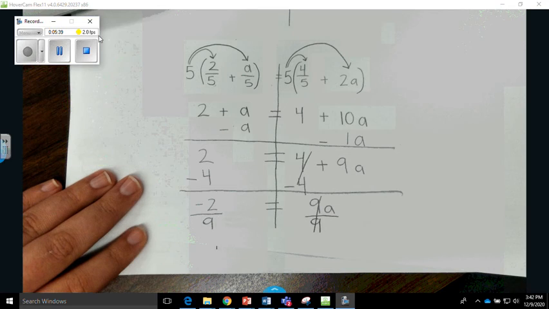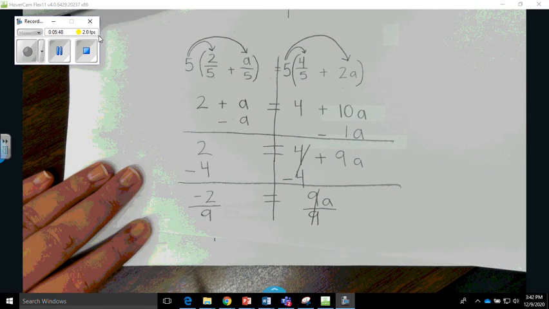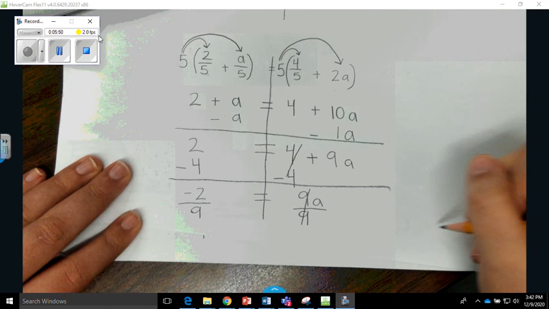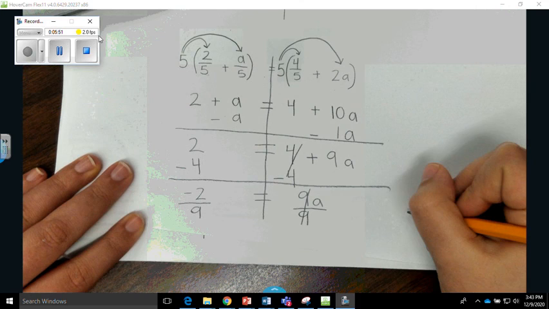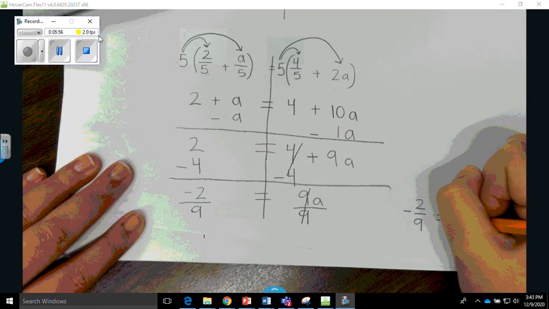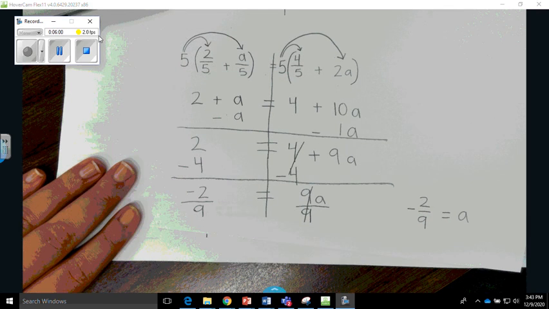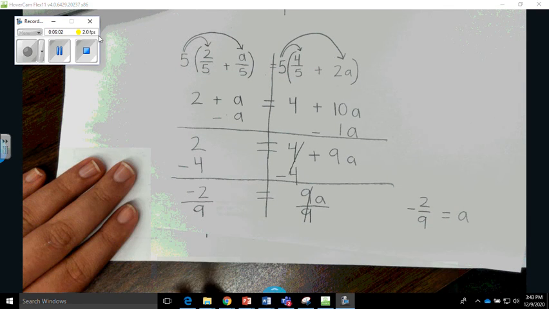No. So we're going to leave it just like a fraction. Now, we have to check to see if we can simplify it any further, but for this one, there's no simplifying. So your final answer will be, and I'm just going to put it over here because I ran out of room, negative 2/9 equals a, or a equals negative 2/9. This is going to be your solution.